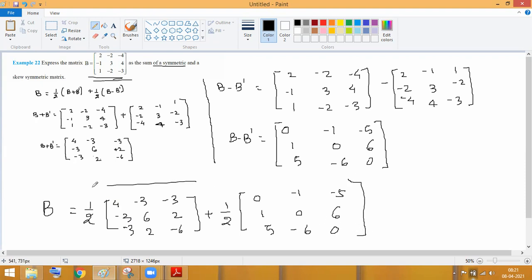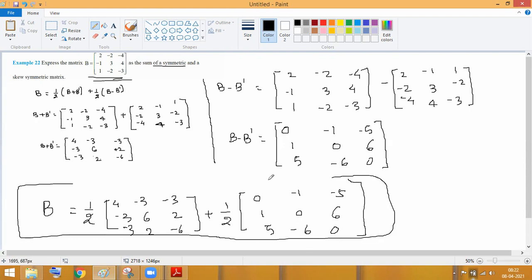And this is the answer. You expressed your B matrix as sum of symmetric and skew symmetric, and this is the answer. Clear with this, guys? Is there any problem?